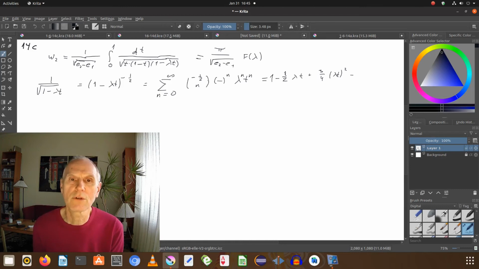Now we get also minus 5/2, so that's 15/8 times 3 factorial, that's 6. Etc.